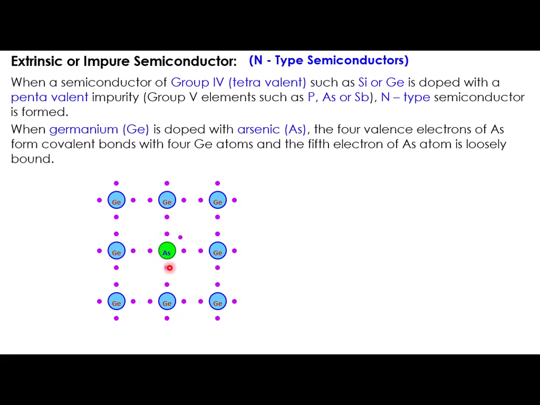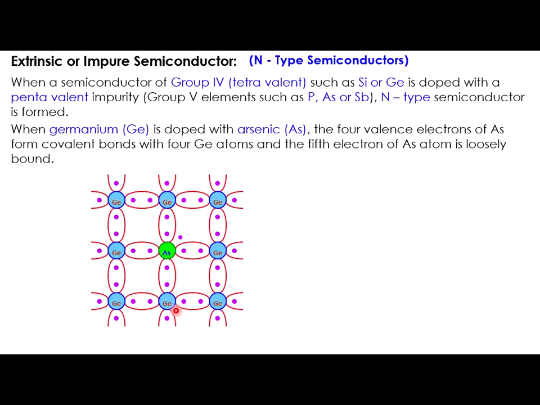Out of these 5 electrons of arsenic, 4 electrons will make covalent bonds with the 4 nearby germanium atoms, and 1 electron is left behind. For this electron, the arsenic atom and the rest of the 4 electrons will behave as the atomic core.